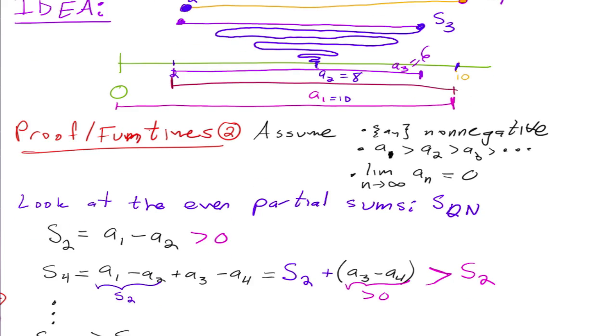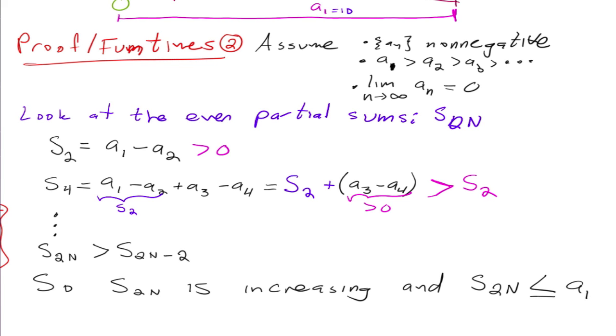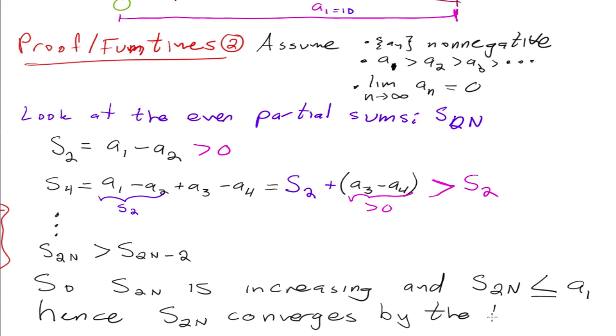So S sub 2n, all the partial sums are less than or equal to A sub 1. So hence S sub 2n converges by the Monotonic sequence theorem. There we go. See, I told you that it was going to come up. Monotonic sequence theorem. Bam.